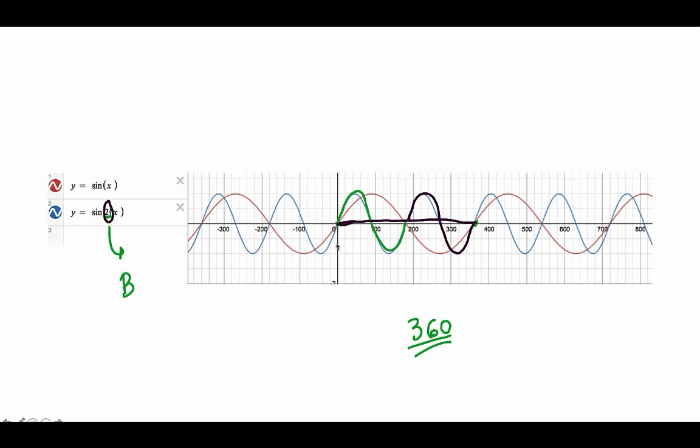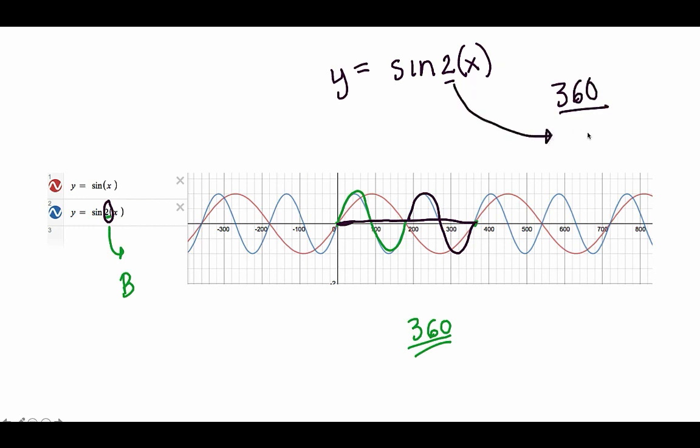In other words, we can find the period of the graph y equals sine of 2x by using this formula: 360 divided by whatever this number is. Divided by 2, we get 360 divided by 2, which is 180. This 180 becomes the period of this new function.